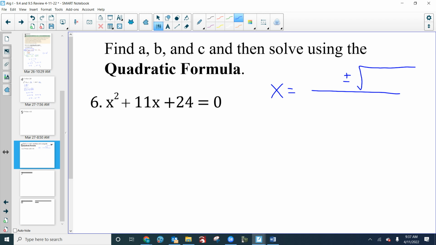Isn't it negative b, and then in the parentheses it's b squared minus 4 times a times c, over 2 times a. Nailed it.